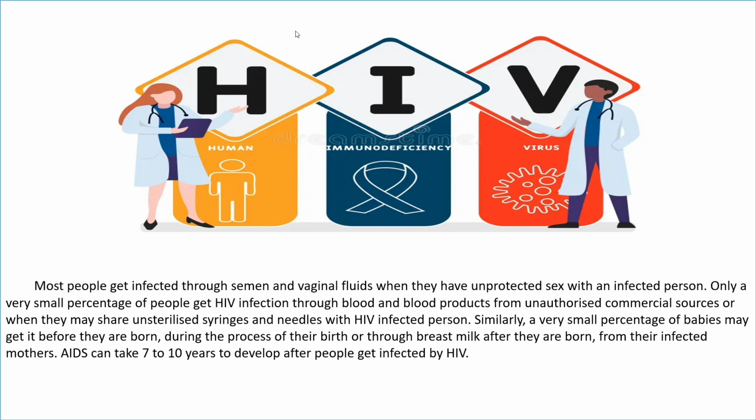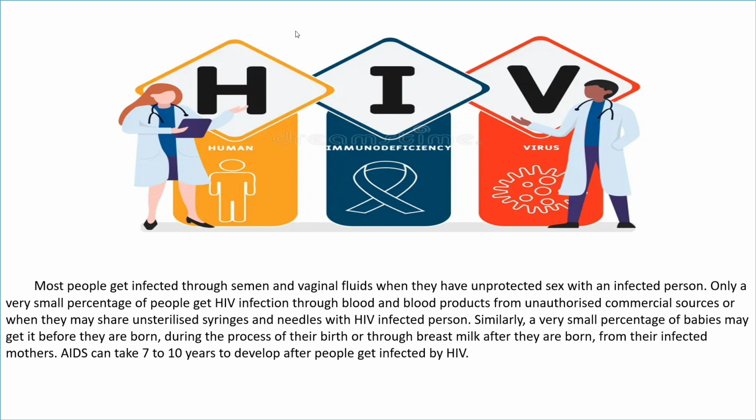So what does it say? Suppose somebody got HIV, let me tell you nicely. Now it is 2024, right? Suppose somebody is suffering from HIV, he will not know tomorrow that he is suffering from HIV.